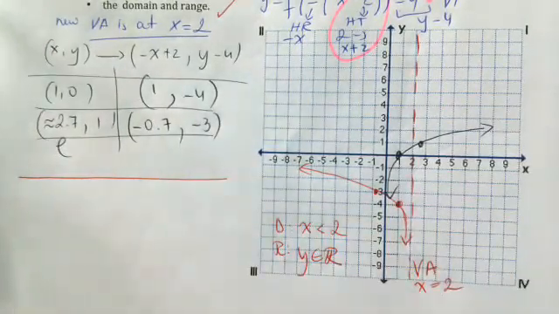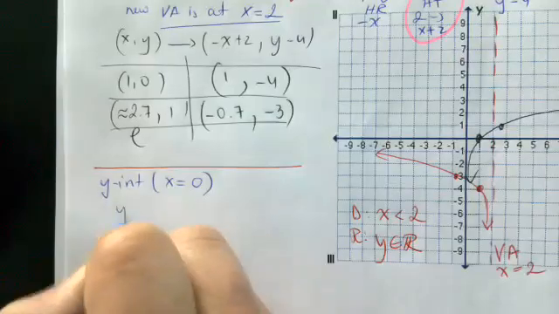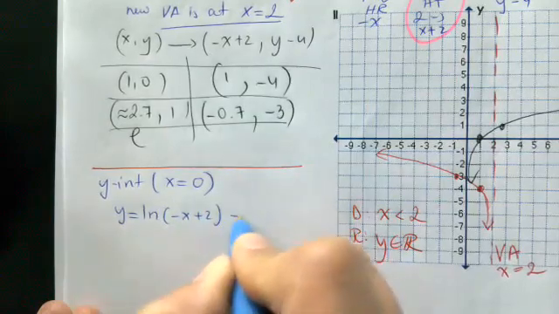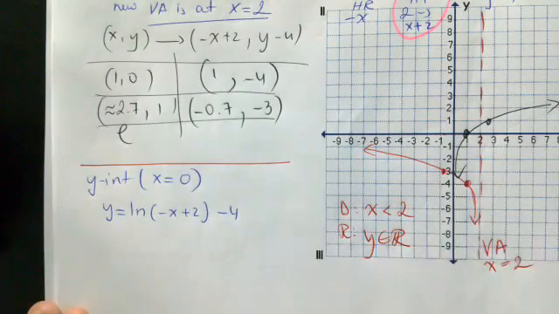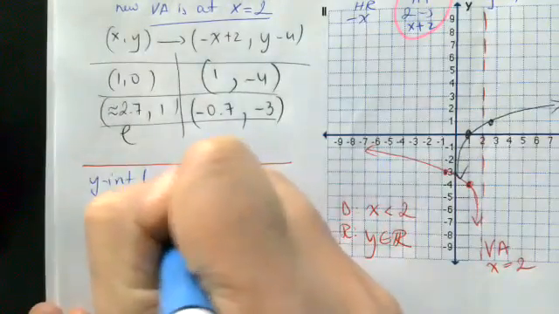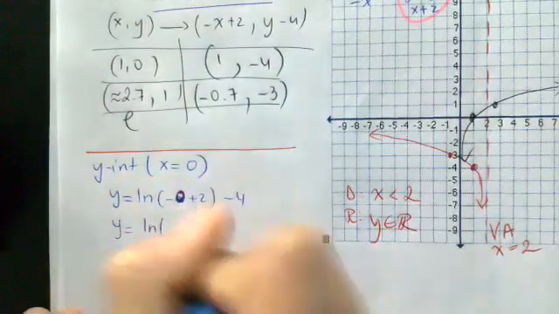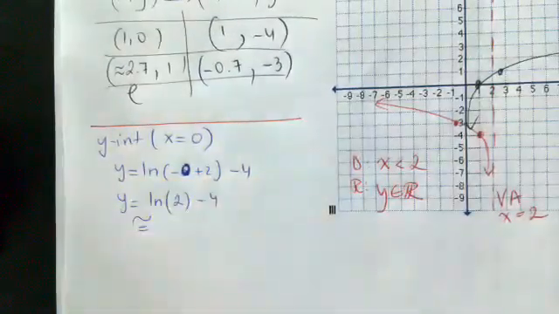Let's calculate and solve for intercepts. Let's start again with the y-intercept. So y equals ln of negative x plus 2 minus 4. Oh, let's put a 0 there. y equals ln of 2 minus 4. Get your calculators out and calculate it.